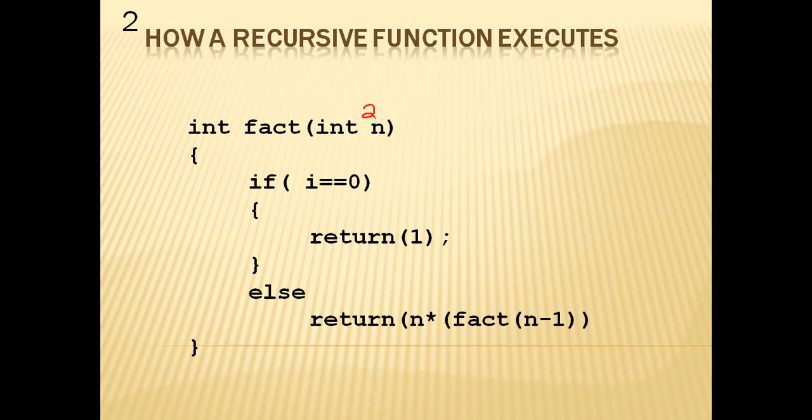This is next calling, n is 2. n equals to 0, false condition, and again else part will be executed, and n is here 2. fact(n minus 1), again the function is calling itself from here, n minus 1, 2 minus 1, that is 1 will be passed.